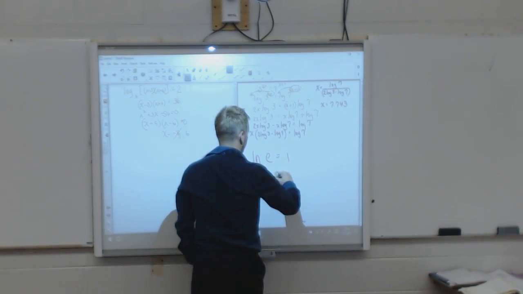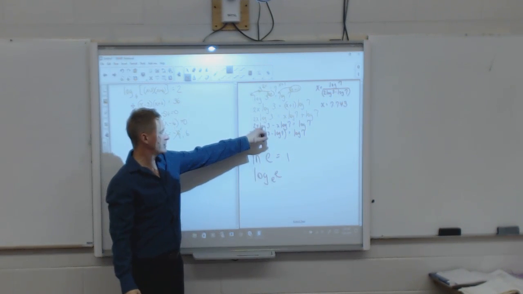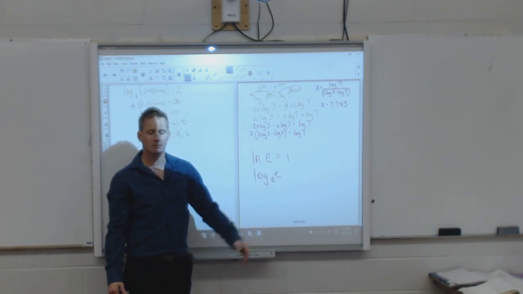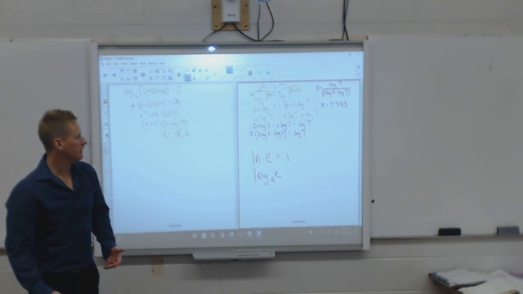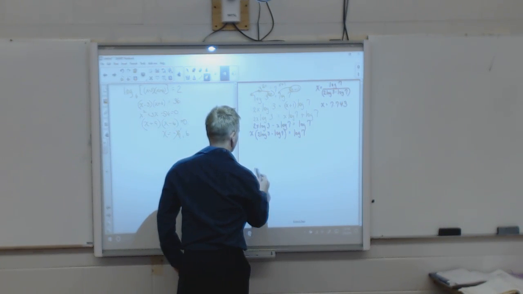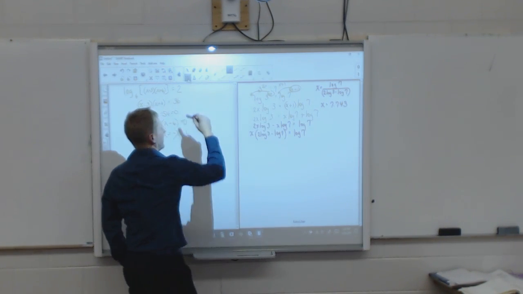That is 1. Why? Because remember I said we either change it to base 10 or we change it to base e. If I use natural log, that's base e. So the log of e to the base e is 1. So that's why you do that. Okay? So if there's an e anywhere in the question, there I would do that.